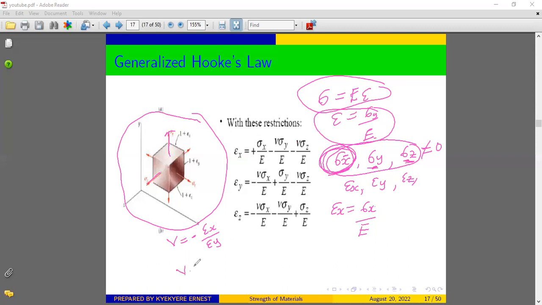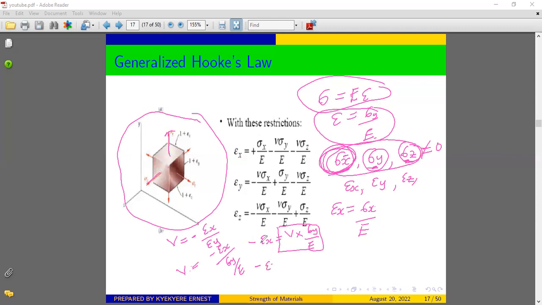So from here, V is equal to negative of the strain in the x-axis over the stress in the y over the modulus of elasticity. And from here, we can see that the strain in the x-axis would have been equal to negative V multiplied by the stress in the y over the modulus of elasticity. This is going to be the strain in the x-axis as a result of the stress in the y-axis. In a similar way, the stress in the z-axis is going to give a strain in the x-axis.